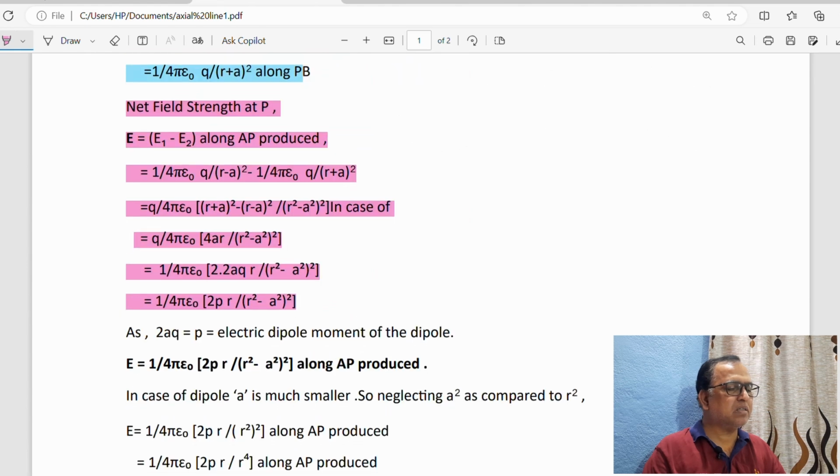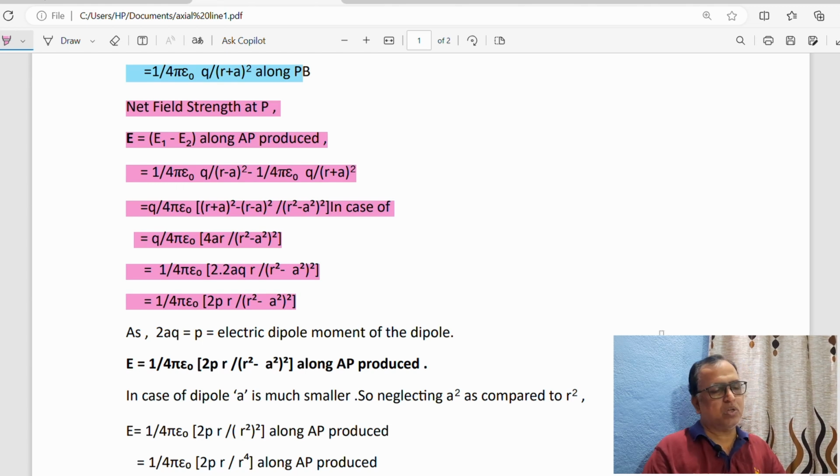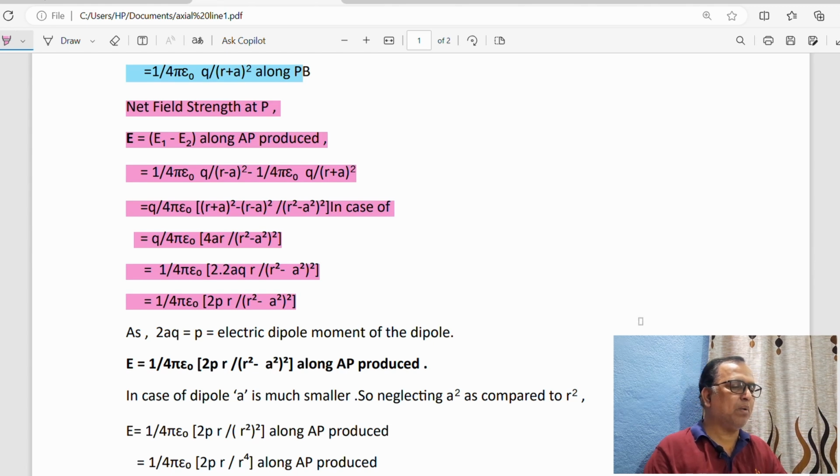So E1 minus E2 is 1 by 4 pi epsilon naught q by r minus a whole square, minus 1 by 4 pi epsilon naught q by r plus a whole square, along AP produced.